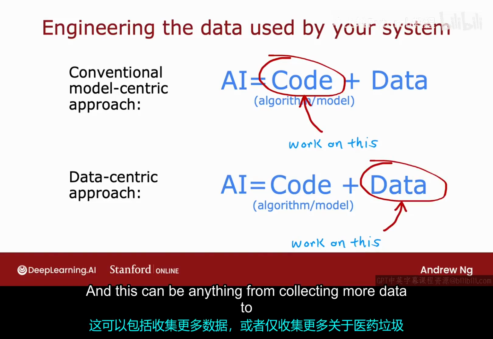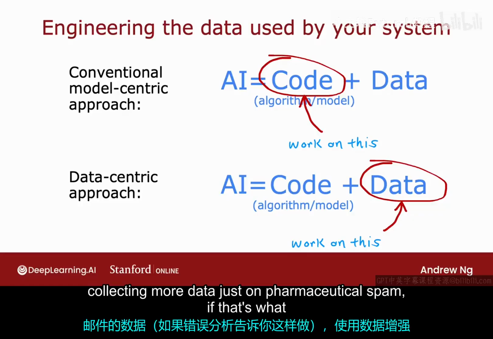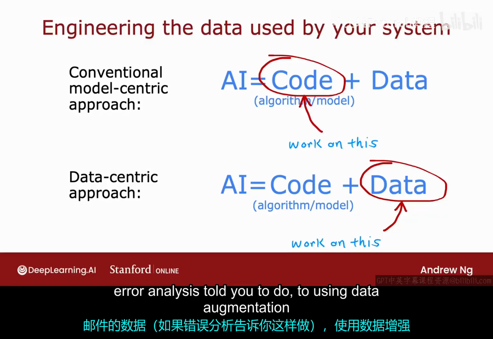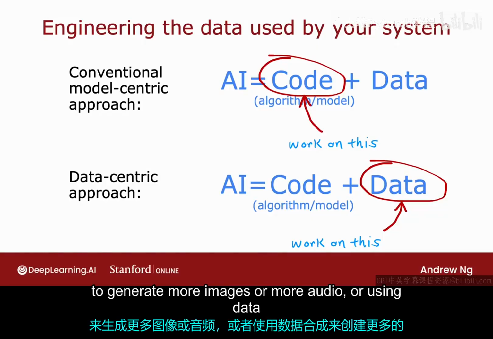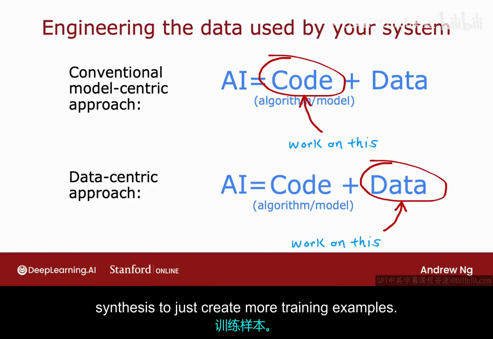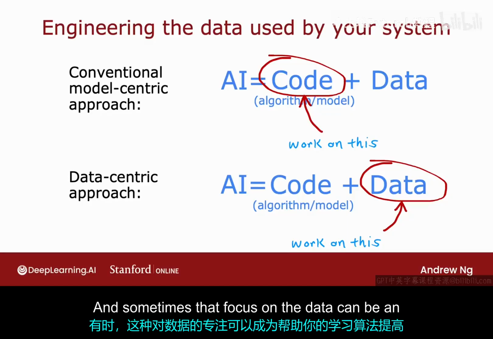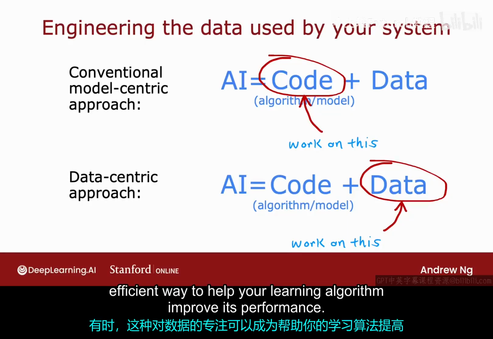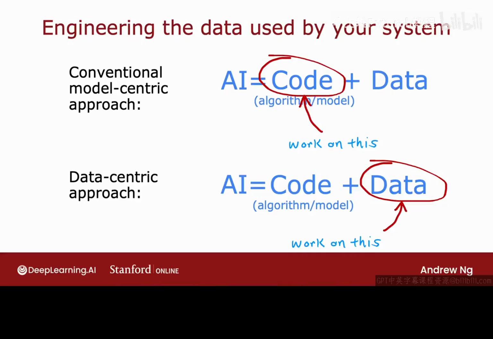And this can be anything from collecting more data to collecting more data just on pharmaceutical spam, if that's what error analysis told you to do, to using data augmentation to generate more images or more audio, or using data synthesis to just create more training examples. And sometimes that focus on the data can be an efficient way to help your learning algorithm improve its performance.